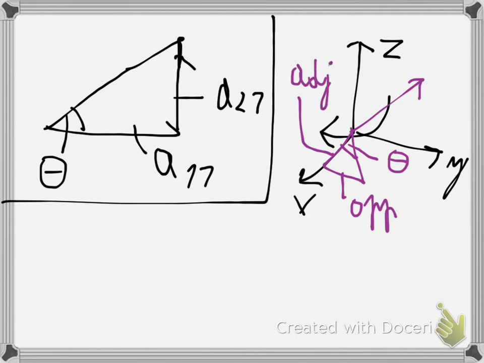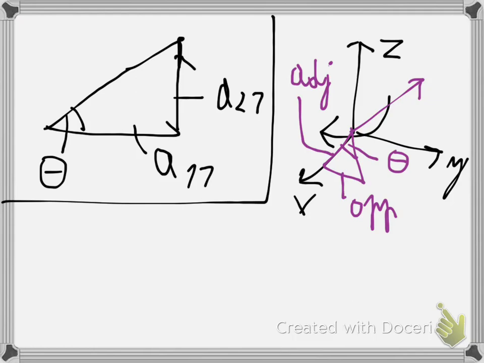So remember, when you rotate, you consider the plane that you rotate. You consider two dimensions to rotate around the axis of the other dimension, and these two dimensions form a plane, and so you can imagine that the components of this vector that are in these dimensions form a triangle.